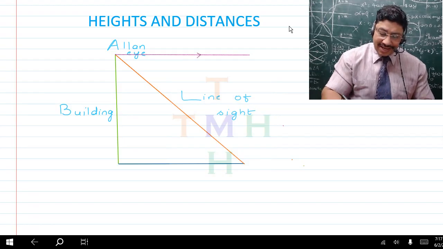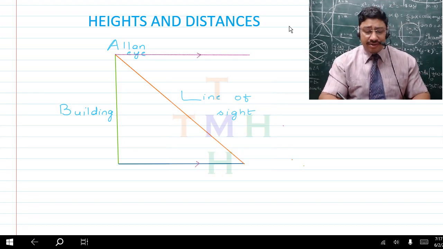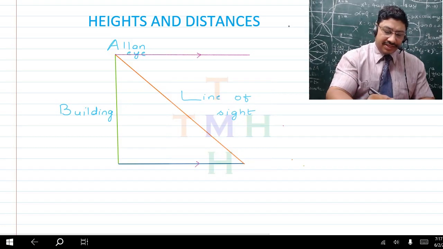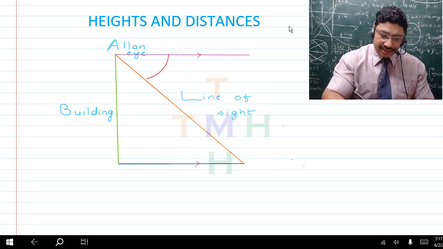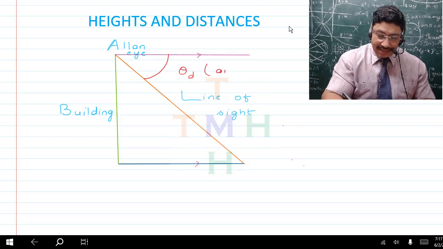That means this line and this line are parallel to each other, and the angle between both of these is said to be the angle of depression, right? So what is this? This is the angle of depression. Why depression? That is because you are depressing your eyes.